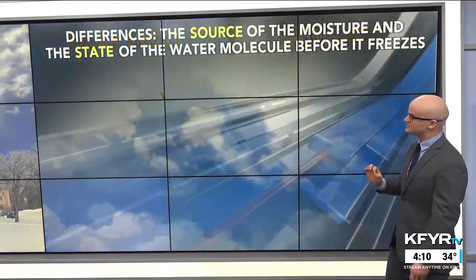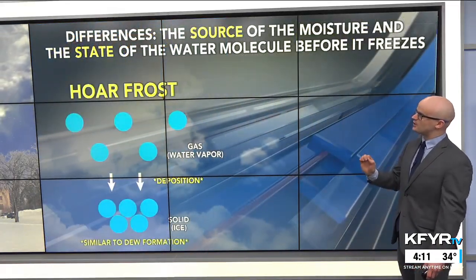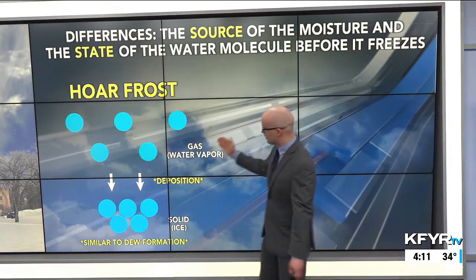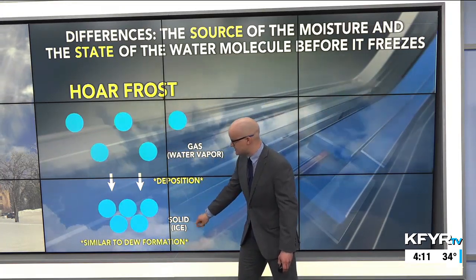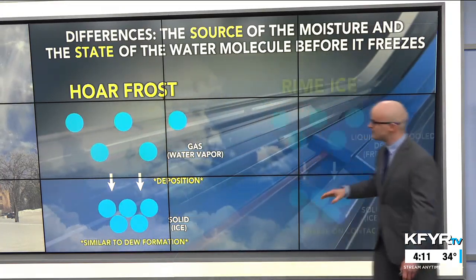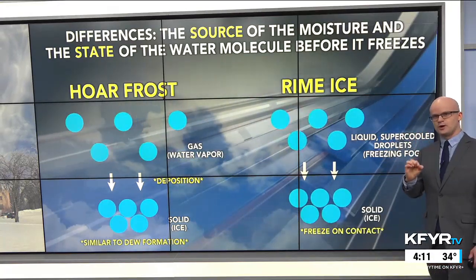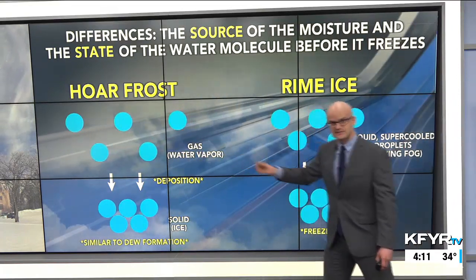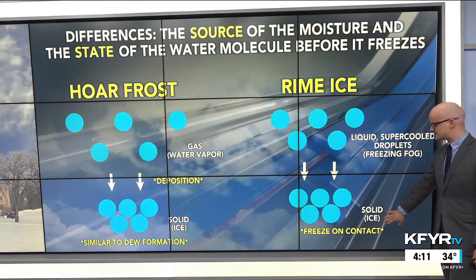So some key differences there with the source of the moisture and the state of the water molecule before it freezes into the ice crystals. With hoarfrost, we go from the gas, the water vapor, through the process of deposition into the solid ice crystals, similar to dew formation. Whereas with rime ice, we have those liquid, very tiny supercooled water droplets in fog that we can see, whereas water vapor, the gas, is invisible. So the liquid supercooled droplets in freezing fog form solid ice crystals.